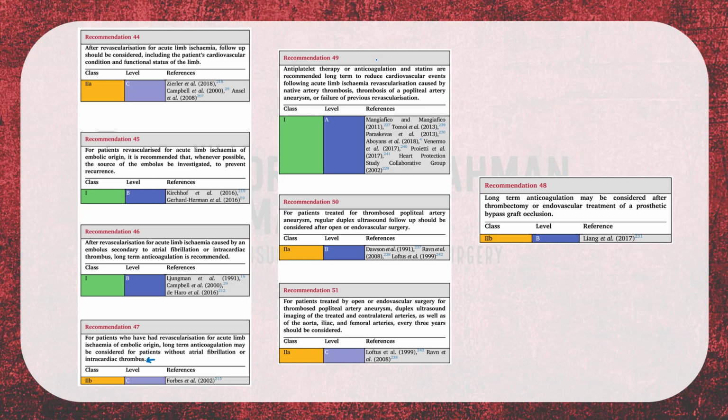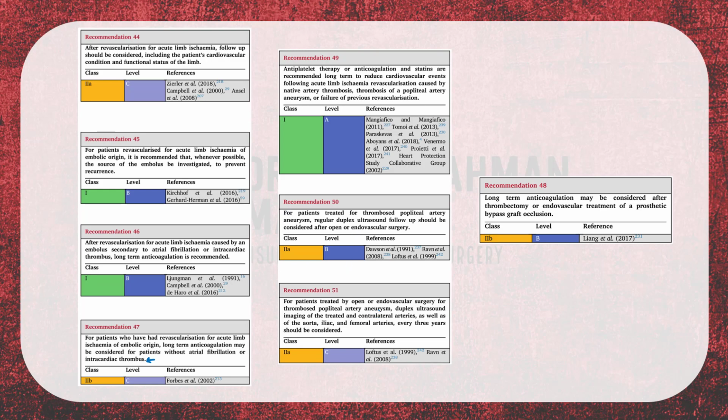Antiplatelet therapy or anticoagulation and statins are recommended long-term to reduce cardiovascular events following acute limb ischemia revascularization caused by native artery thrombosis or a thrombosis of a popliteal artery aneurysm or failure of previous revascularization, either open or endo. For patients treated for thrombosed popliteal artery aneurysm, regular duplex ultrasound follow-up should be considered after open or endovascular surgery.